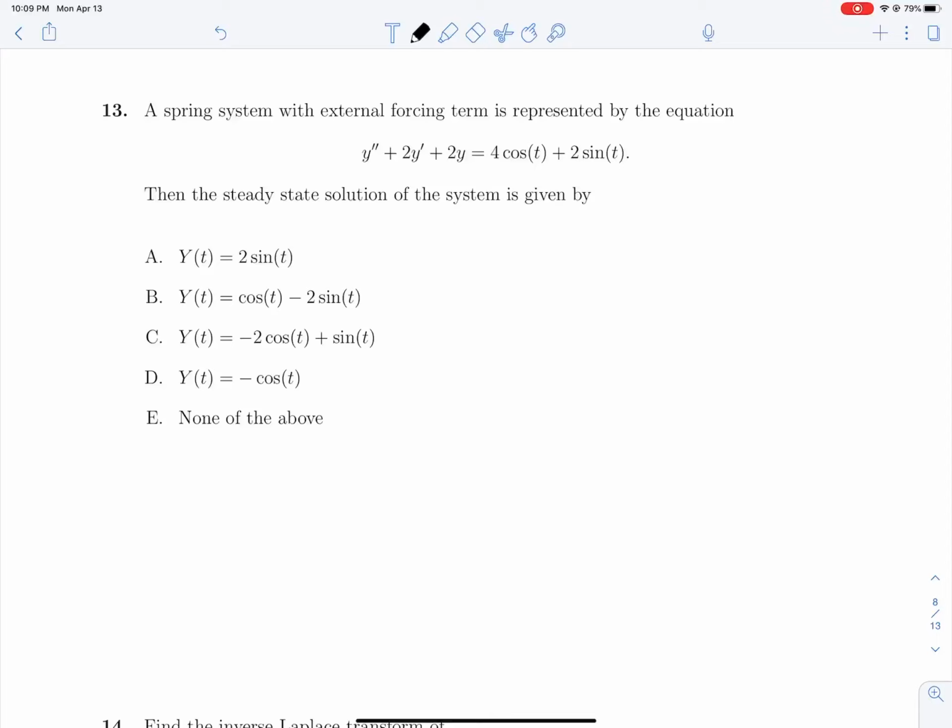So we have to solve our characteristic equation first in order to figure out whether or not we have to multiply our guess by any amount of t. So r squared plus 2r plus 2 is equal to 0. We are only worried about the result of this if we get a root of i.